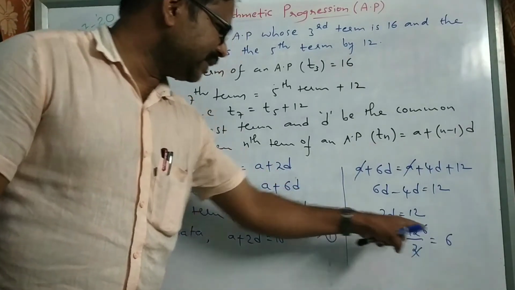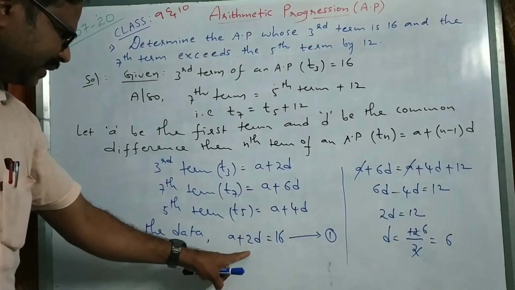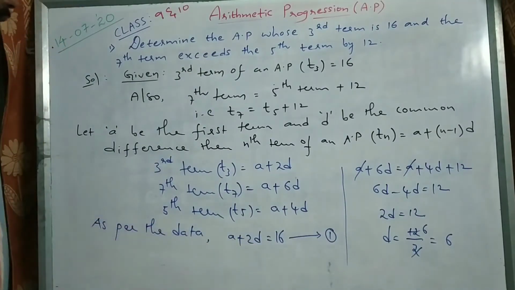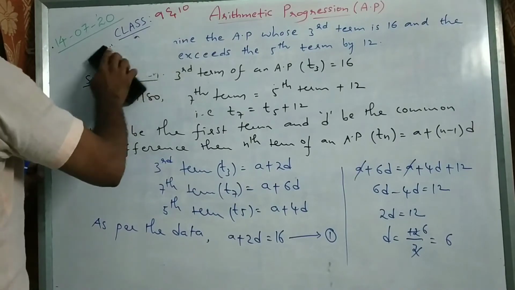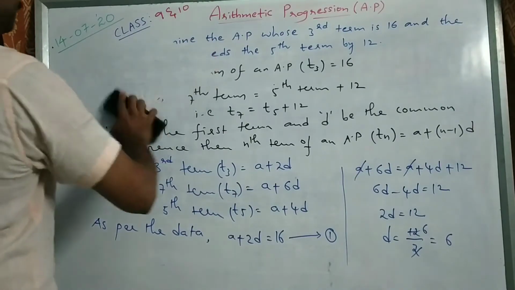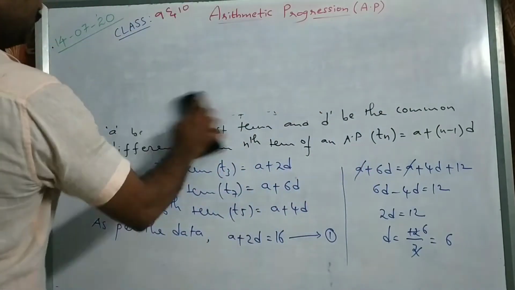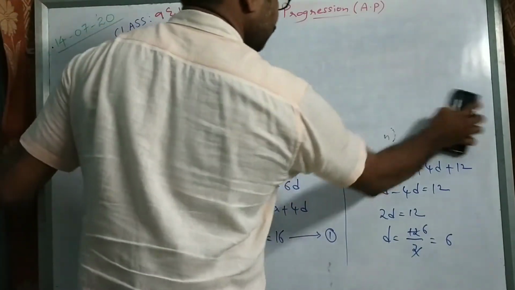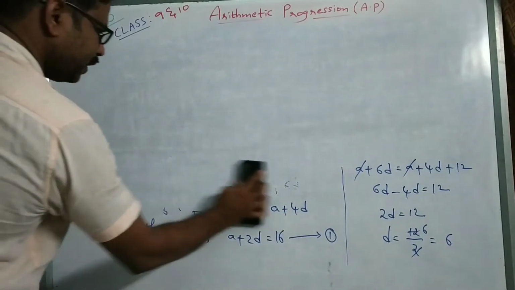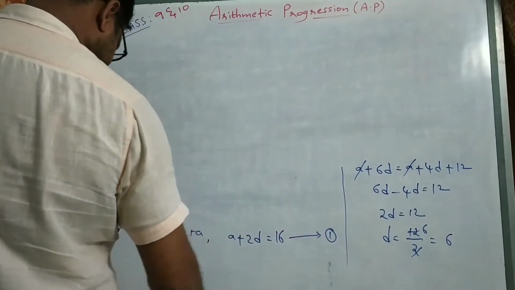That common difference 6 value, if you put in this equation, we will get a. Right? Let us see. I will put in this equation now.